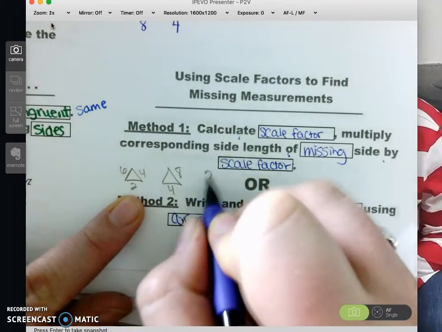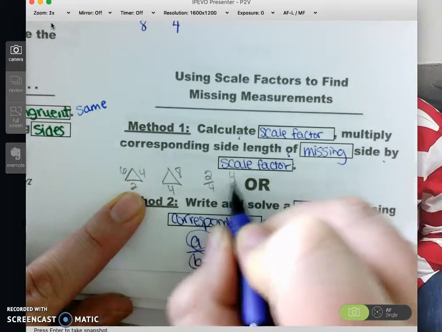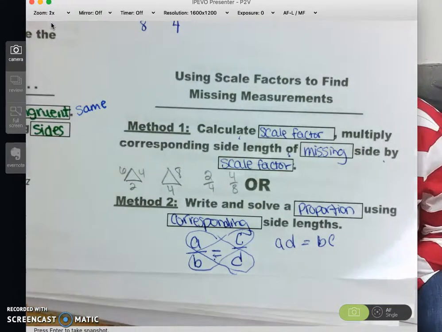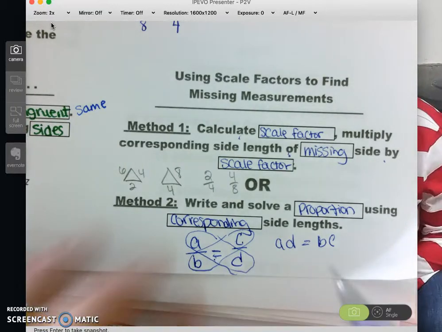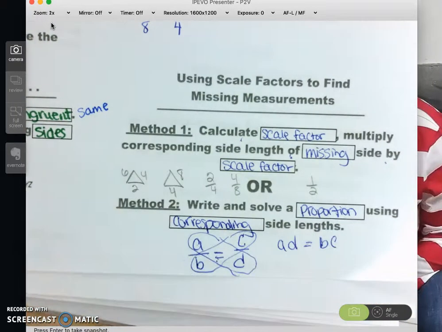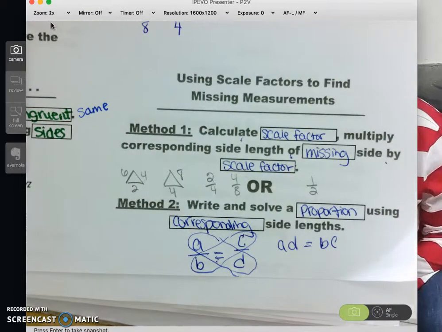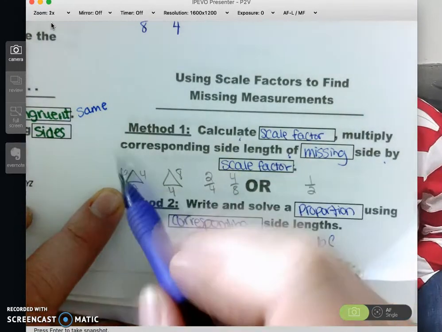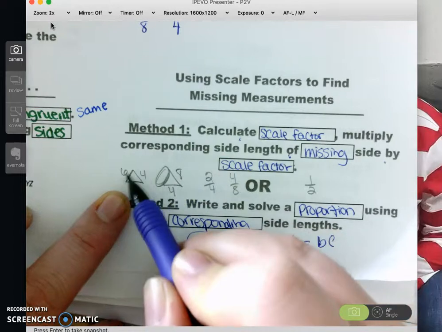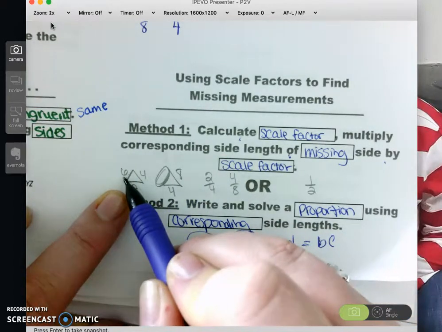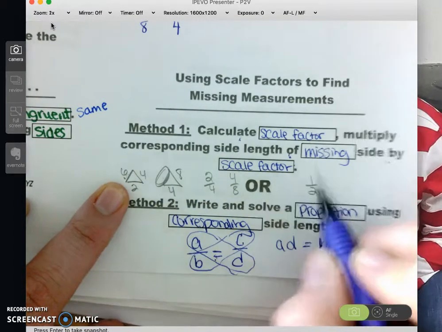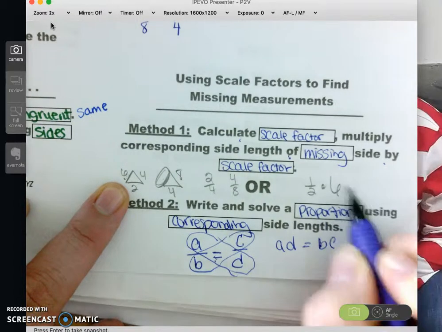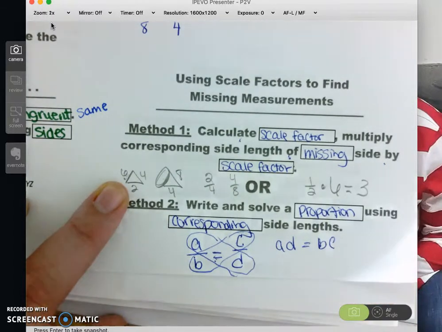So I would do 2 to 4 and 4 to 8. Those reduce down to 1/2. So 1/2 is my scale factor. And then I want to multiply my corresponding side to my unknown and multiply it by 6, which would get me 3.